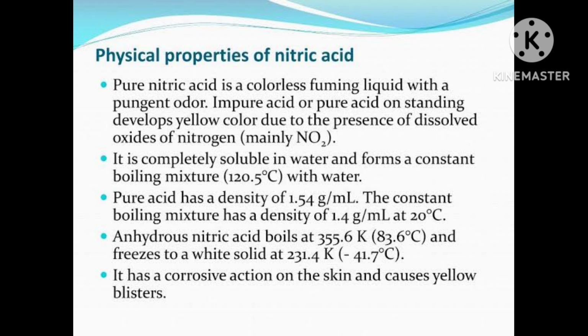Then here you will take the solution. This test is carried out by adding dilute ferrous sulfate solution to an aqueous solution containing nitrate ion. In the examination you will get the salt, and you don't know whether nitrate is in this salt or not. Then you will make a solution of that salt, and to it you have to add this dilute ferrous sulfate solution.